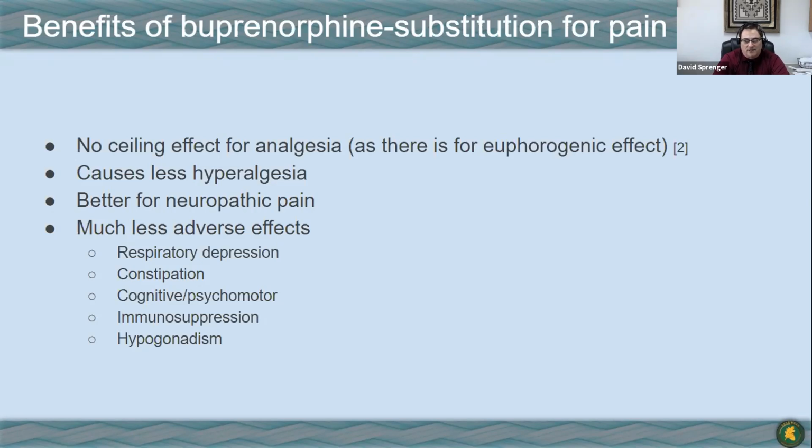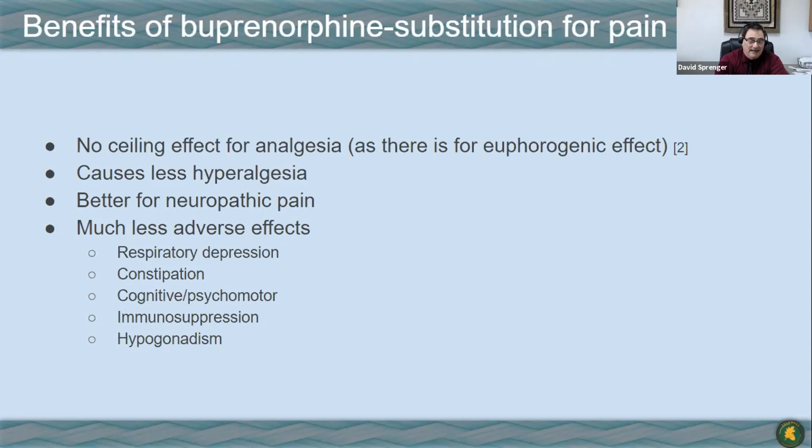So we'll take that example before, if you're inducing someone on 4 milligrams of buprenorphine, which is equivalent to 120 milligrams of morphine, theoretically they'll get that amount of analgesic effect from that 4 milligrams.